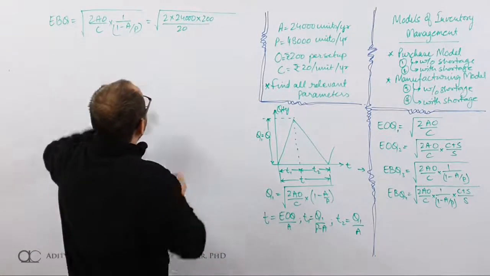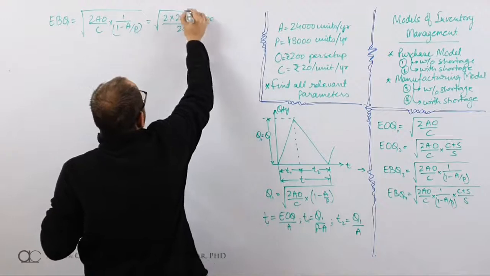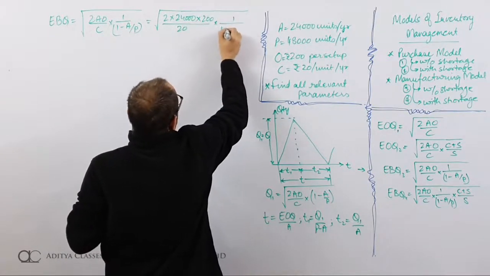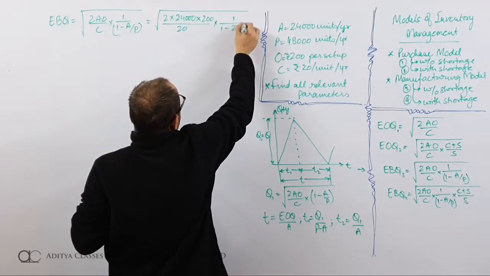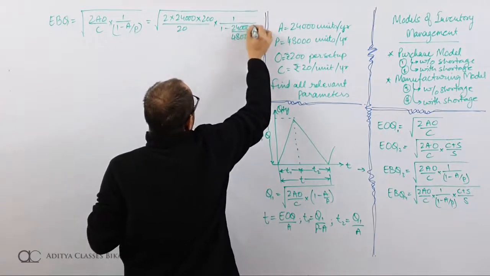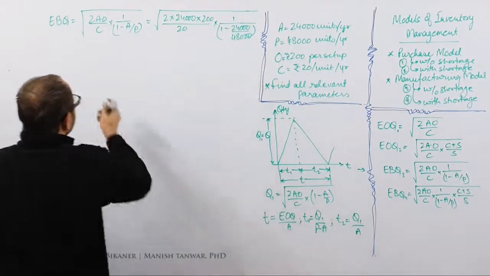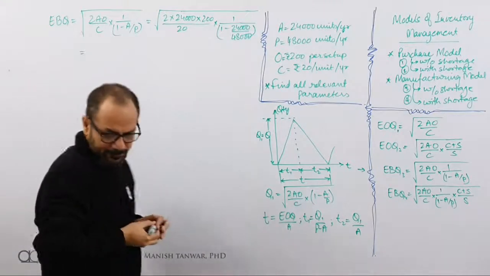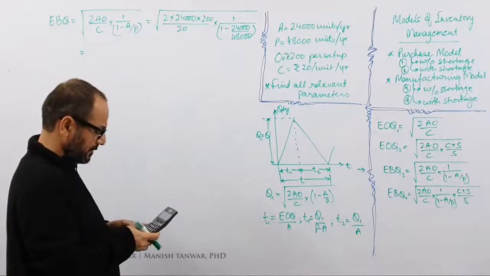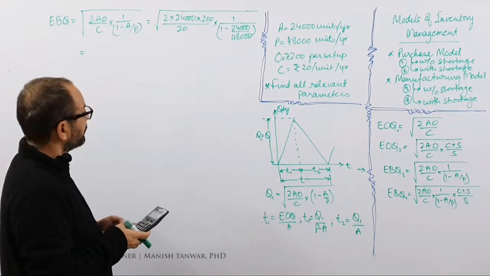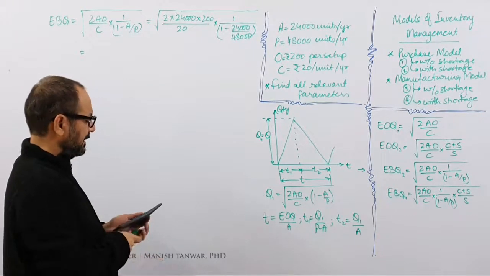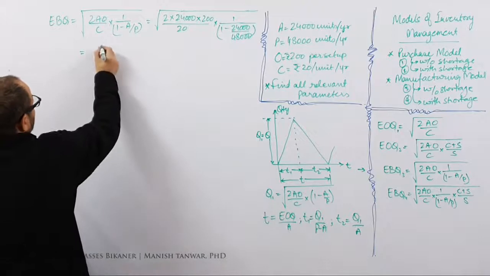So this is 2AO upon C, then there is a factor of 1 minus A by P. 1 upon 1 minus 24,000 upon 48,000. If we go ahead and solve it, we get 2 multiplied by 24,000 multiplied by 200 upon 20, which is 4,80,000, this first factor.